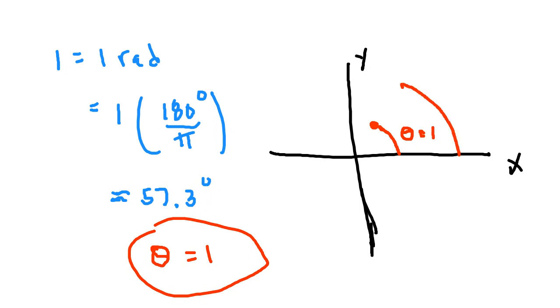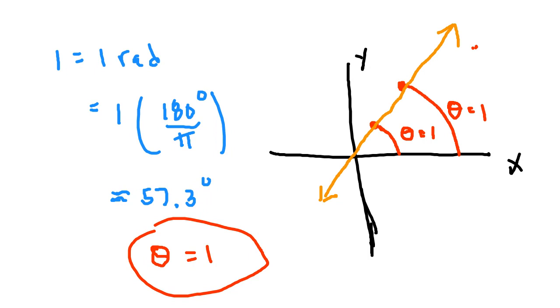Every polar coordinate, like a point on the graph, has to have a theta equal to 1 radian, or 57 degrees. And so you see that's going to trace out a line. See that?